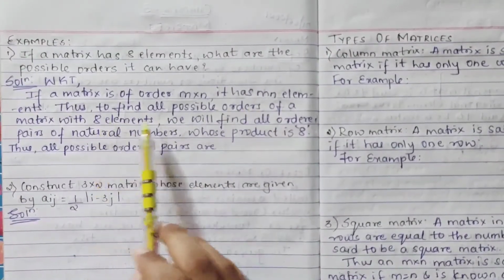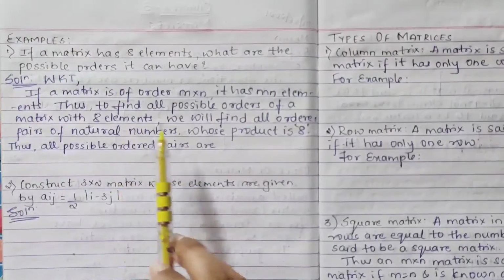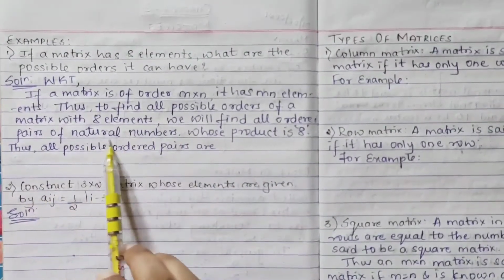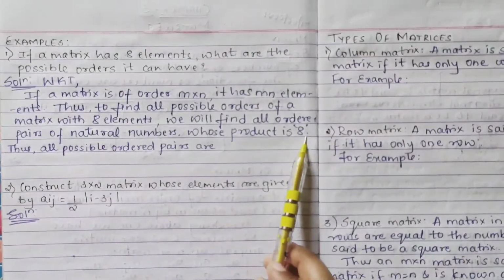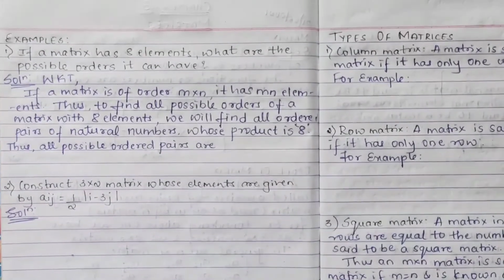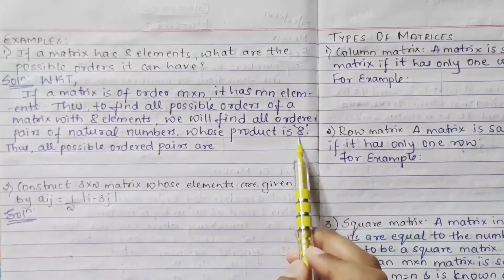So to find all possible orders of a matrix with 8 elements, we will find all ordered pairs of natural numbers whose product is 8.